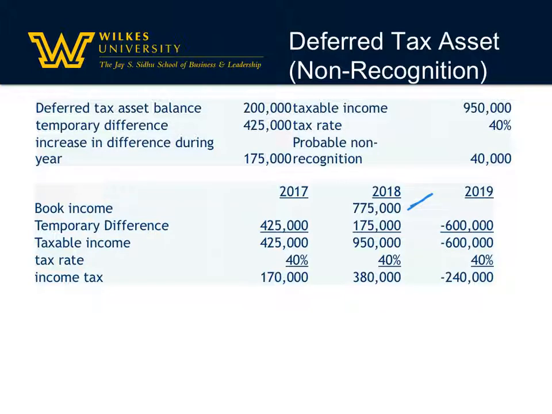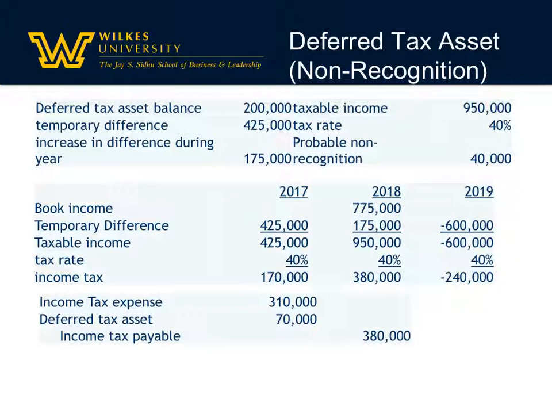But in dealing with the 2018 entry, we're going to follow along with what we've said, that you're going to debit your tax expense, credit your taxes payable, and you've got your amount in the difference. Our journal entry is exactly what we would expect. We're going to debit our tax expense, and we know our book income times 40% is going to be 310,000.